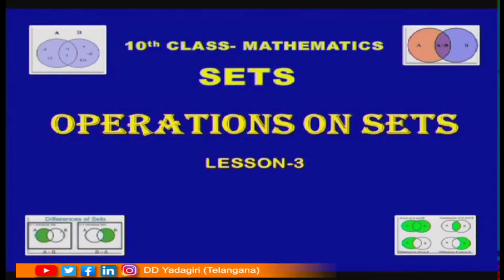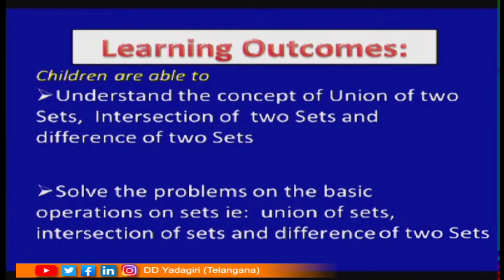operations on sets. Today's learning outcomes are: children are able to understand the concept of union of two sets, intersection of two sets and difference of two sets. Solve the problems on the basic operations on sets, that is union of sets, intersection of sets and difference of two sets.